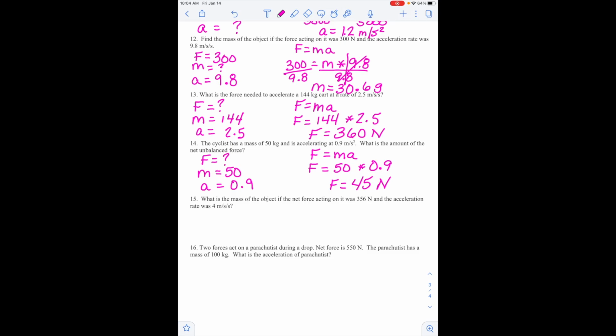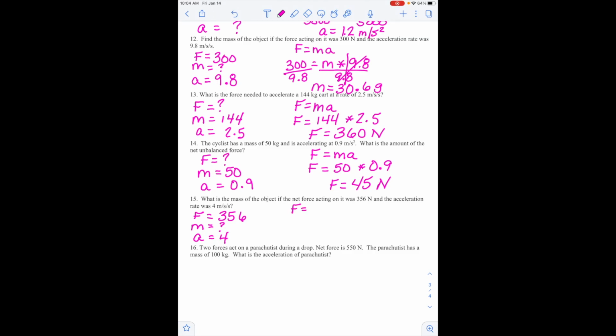Number 15, what is the mass of the object if the net force acting on it was 356 newtons and the acceleration rate was 4 meters per second squared? So we have our force of 356 newtons. We are looking for the mass, and our acceleration is 4 meters per second squared.